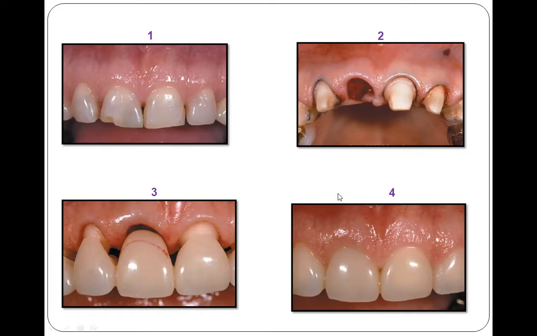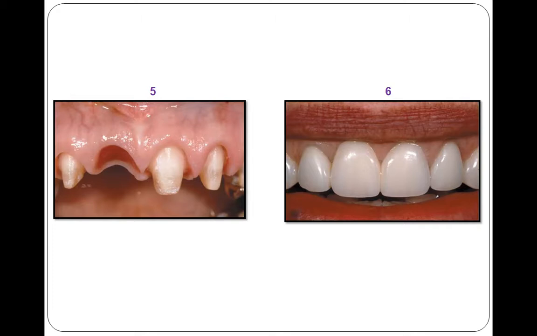Now in the first picture you can see that the maxillary right central incisor is deemed to be extracted. Now prior to extraction, the adjacent teeth are shaped and they are prepared. Thereafter, an interim restoration or a provisional restoration is placed with the Pontic, which goes below the gingival margin about 2 millimeters, and you can see the provisional restoration in place in the fourth picture.